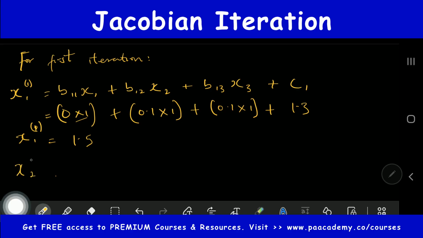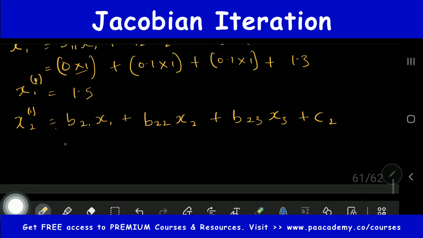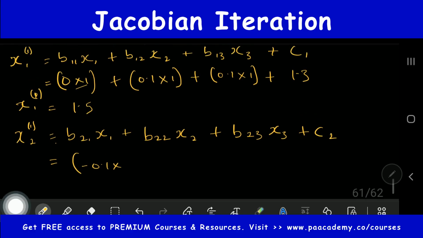Okay, x2 of 1 is still going to be b21 x1 plus b22 x2 plus b23 x3 plus c2. Now our b21 is minus 0.1. Now our x1: in the previous one that we did under this procedure, our x1 was taken to be 1.5, which is the new value.